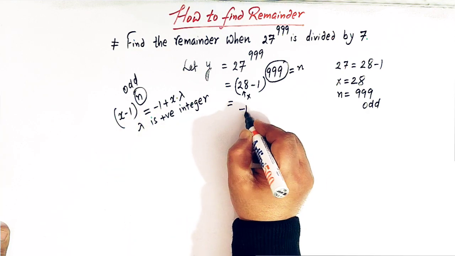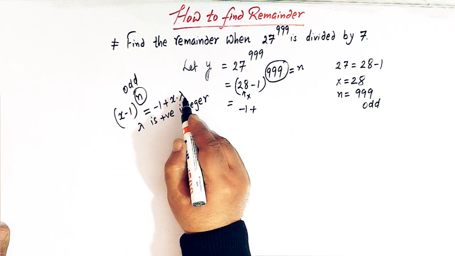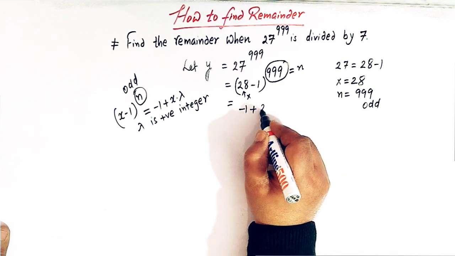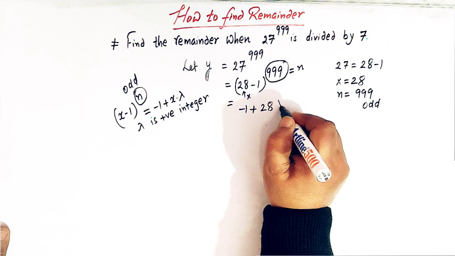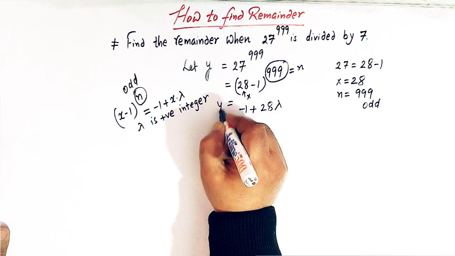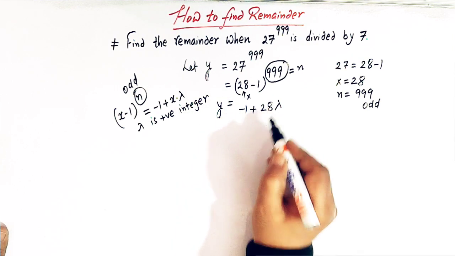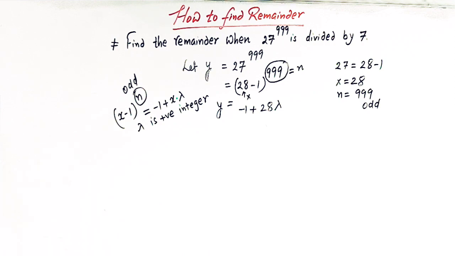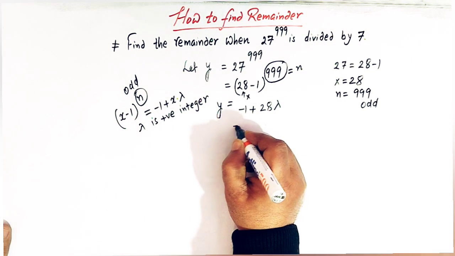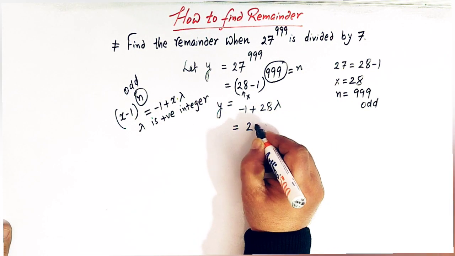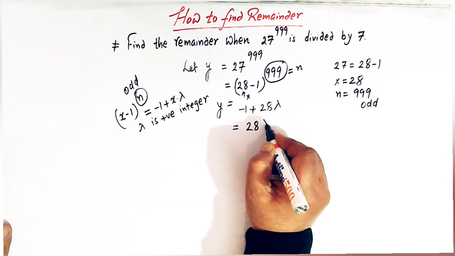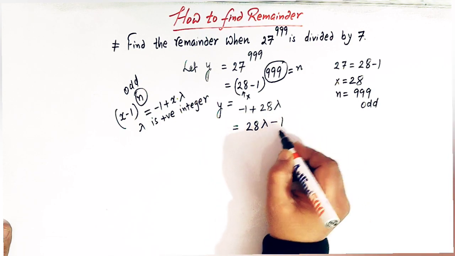So we have minus 1 plus x times lambda, x is 28, so we have 28 times lambda. So y is equal to minus 1 plus 28 times lambda. So now we can express this expression as 28 lambda minus 1.